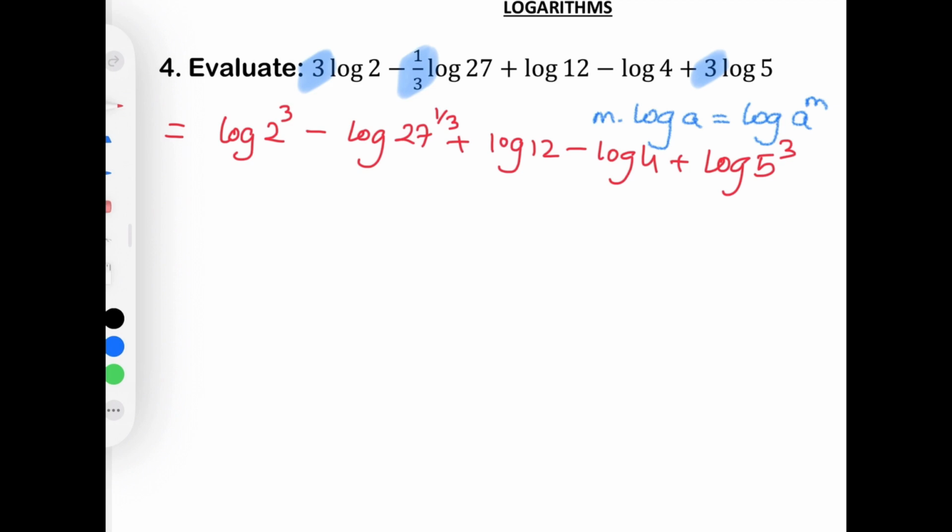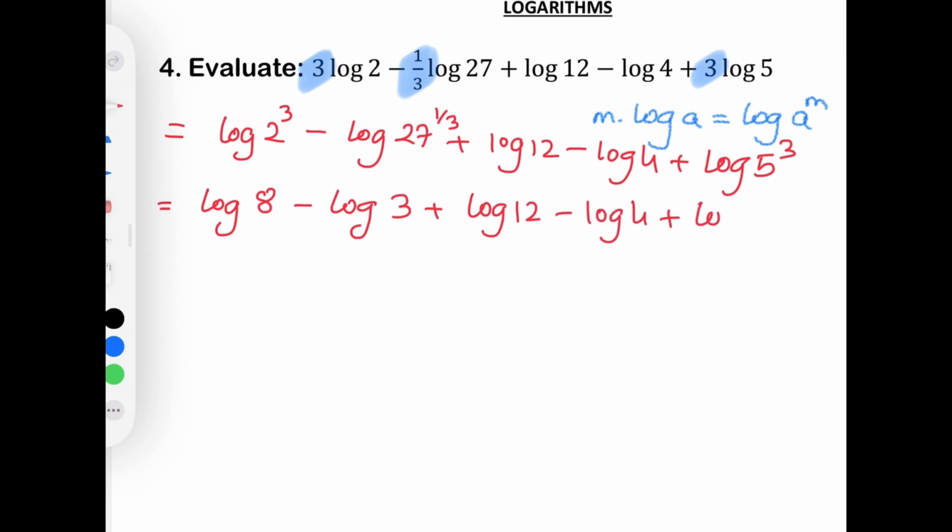On simplifying these powers, we get log 2 to the power 3, that is 2 cube, which is 8, minus log cube root of 27, that is 3, plus log 12 minus log 4 plus log 5 cube, that is 125.